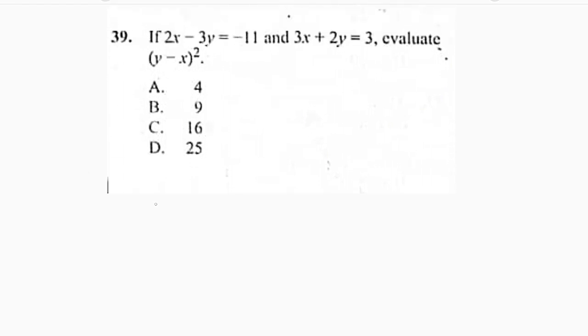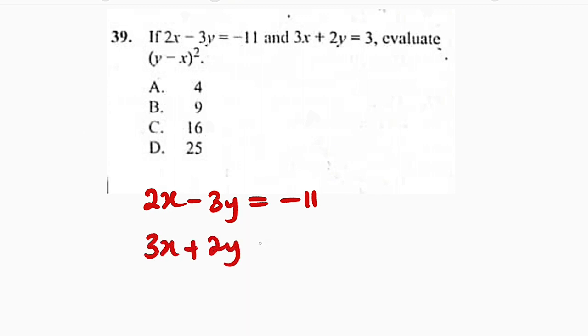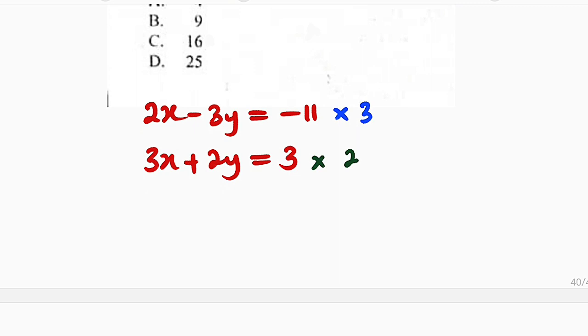So the first equation given is 2x minus 3y equals negative 11, and 3x plus 2y equals 3. We can multiply equation number 1 by 3. Let's do that. We can multiply the second equation by 2 so that we can eliminate x.